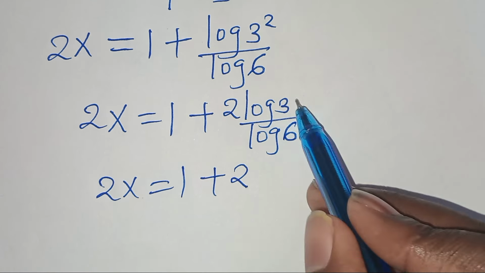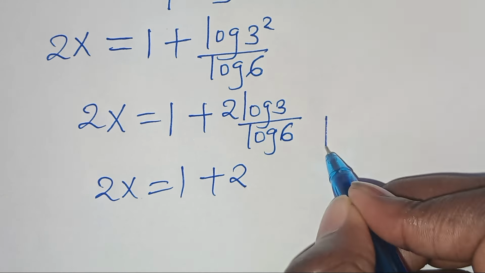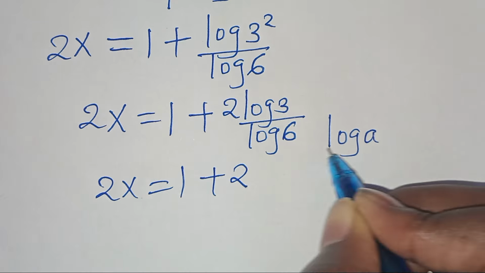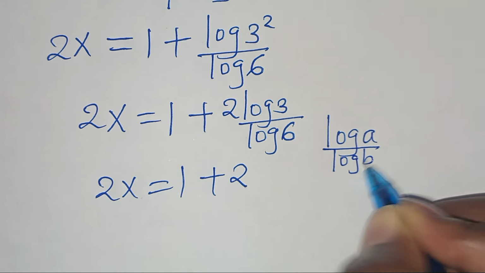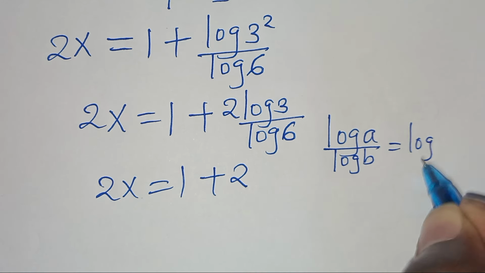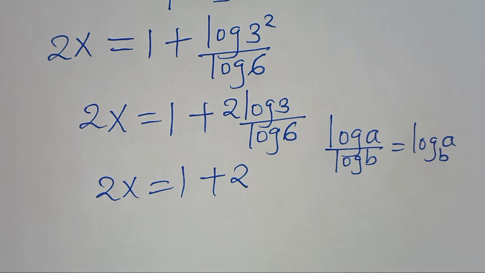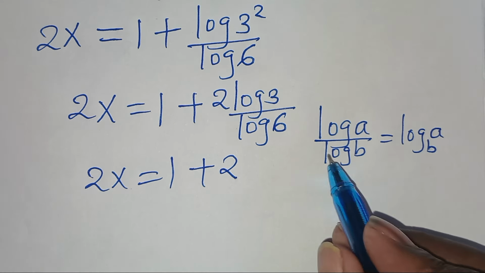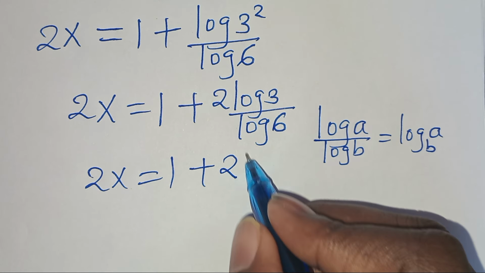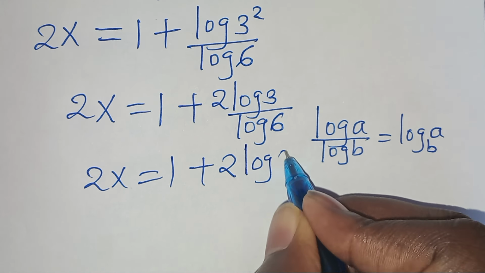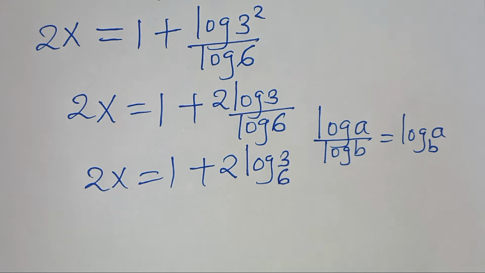Now log 3 divided by log 6 is in the form of log a divided by log b, which we can express as log a to base b. So let's apply this logarithm property, so that here we have 2 log 3 to base 6.